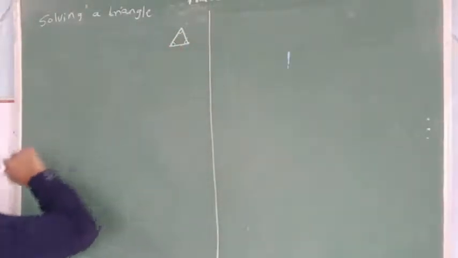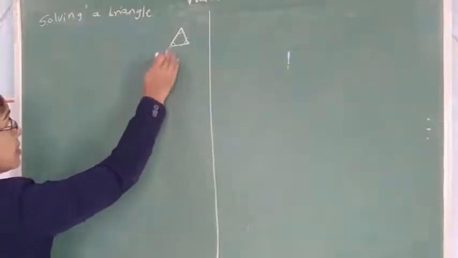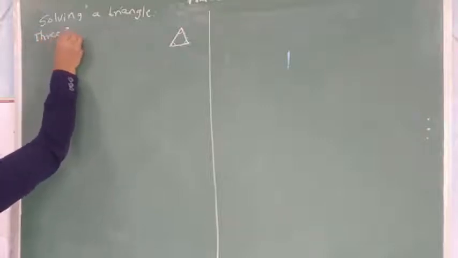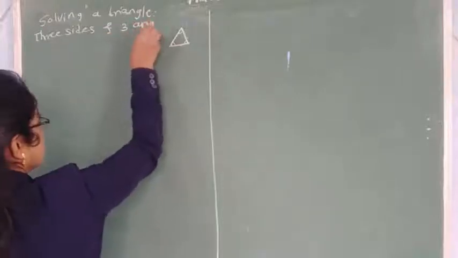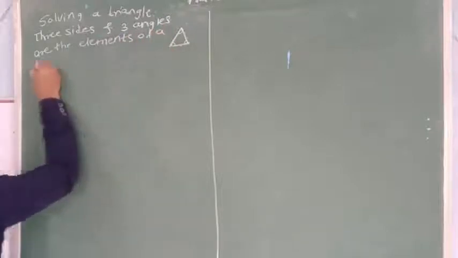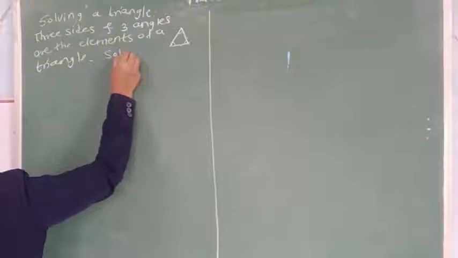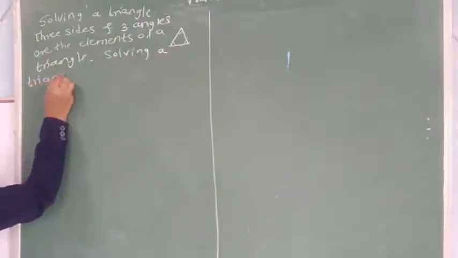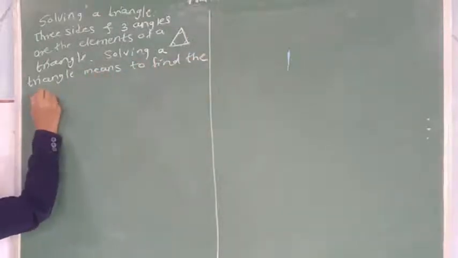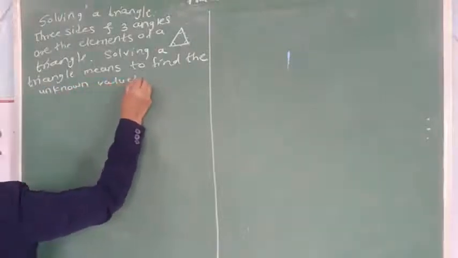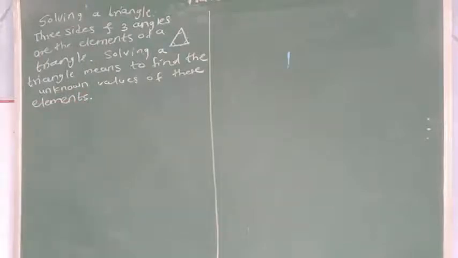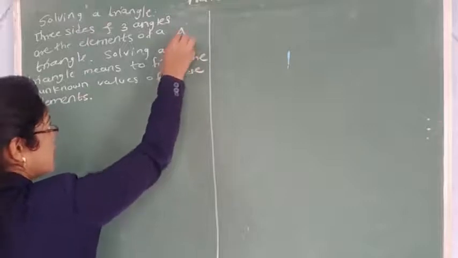These 3 angles and 3 sides are called the elements of the triangle, and solving a triangle means to find the unknown values of these elements. Elements means angle or side.